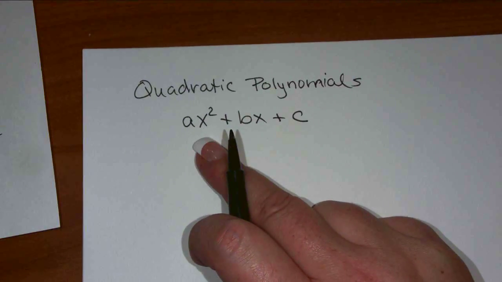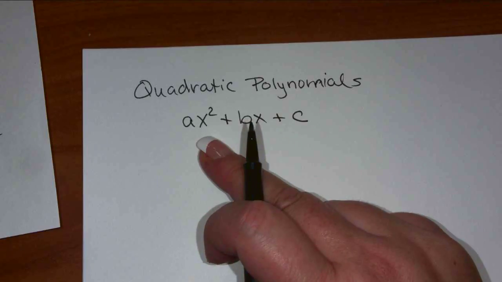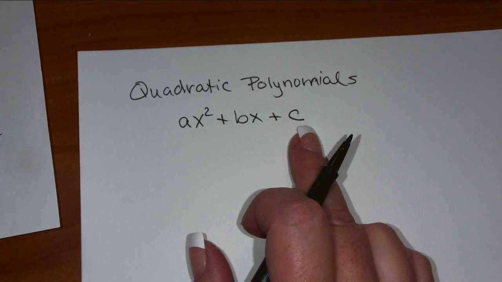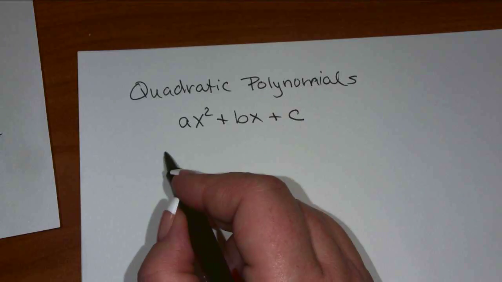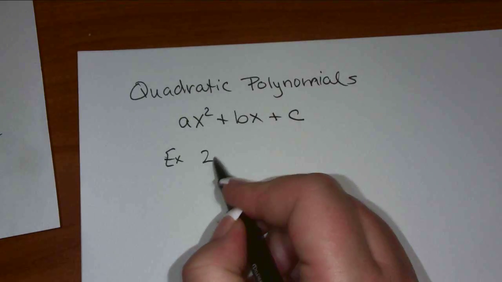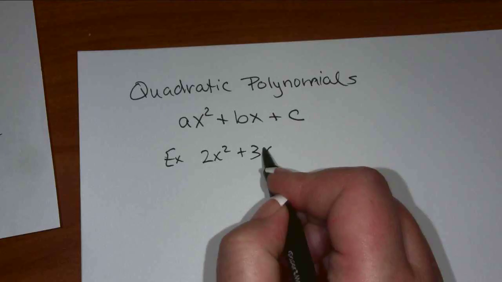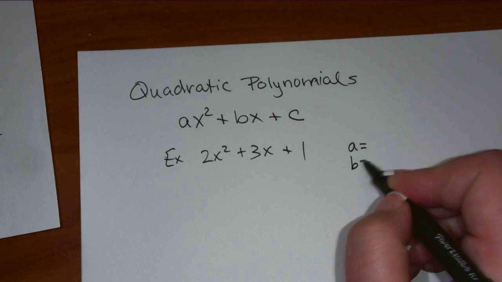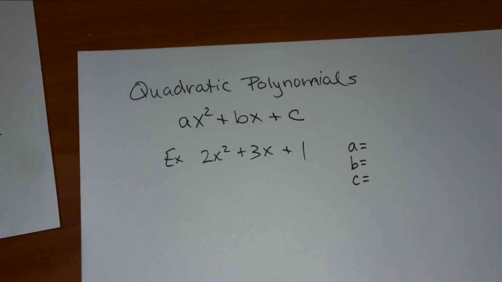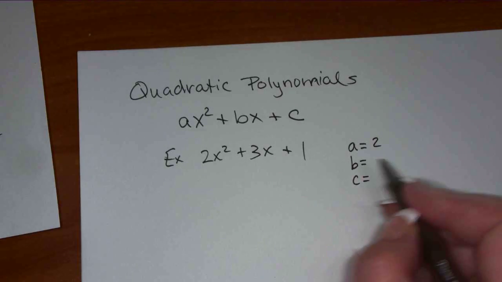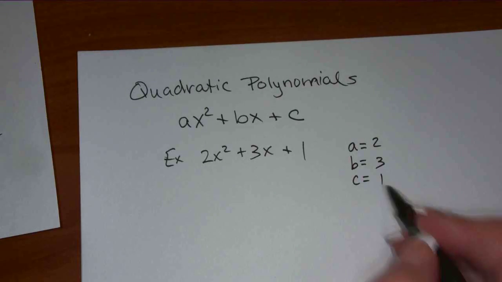So the highest power is 2. And then there's an x and a constant. So examples like 2x squared plus 3x plus 1. What would a, b, and c equal here? A is 2, b is 3, and c is 1.